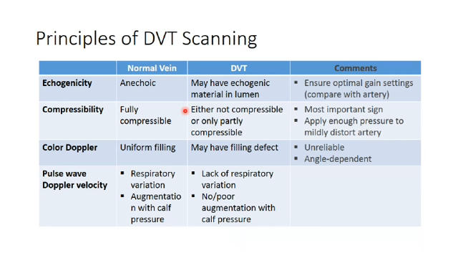Calf pressure augmentation may not happen properly. So all of these things have some fallacies, and perhaps the most reliable sign of a DVT is the compressibility with the transducer head. If it's not compressible, then you strongly have to suspect a DVT.